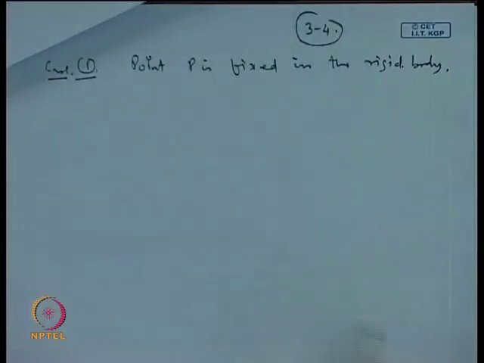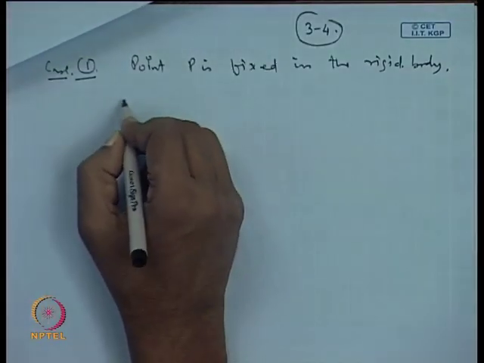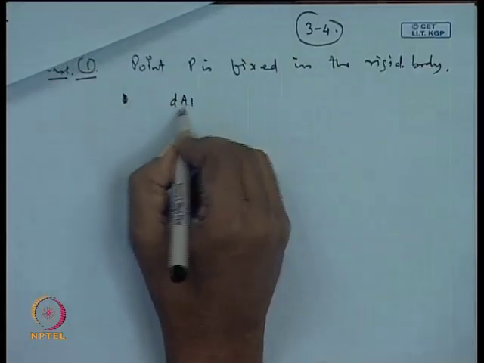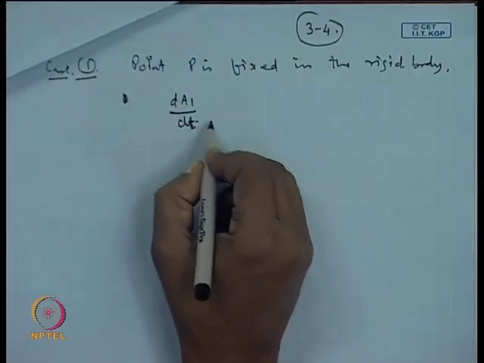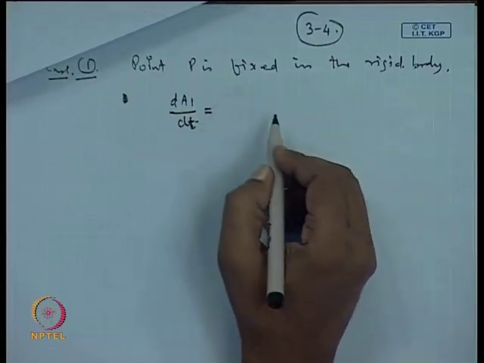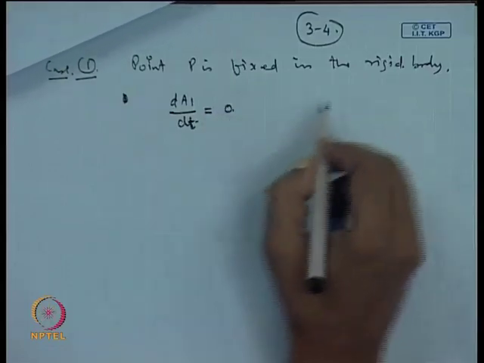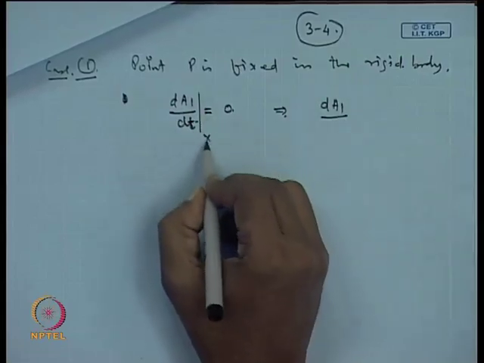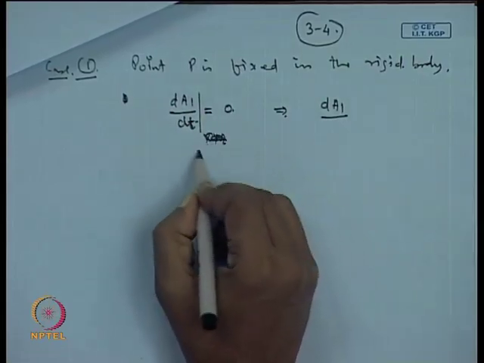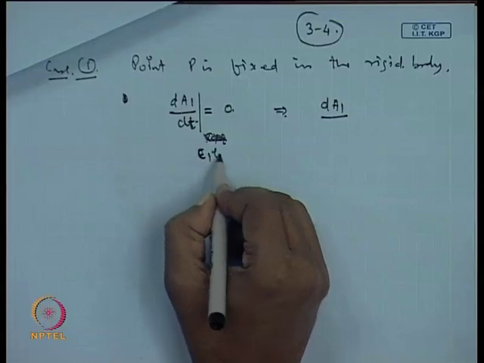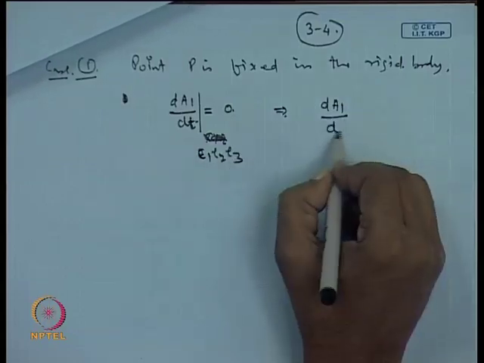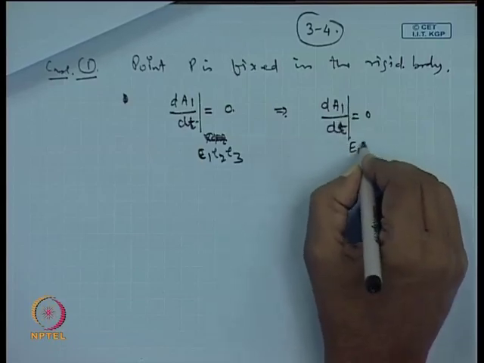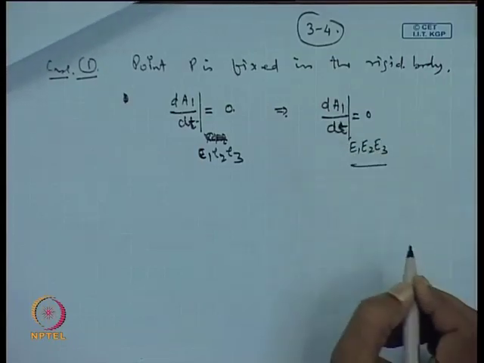If the point P is fixed in the rigid body, these components dA1 by dt in the body reference frame are 0, and this will also appear to be 0 from the capital E1, E2, E3, which is a non-rotating reference frame.